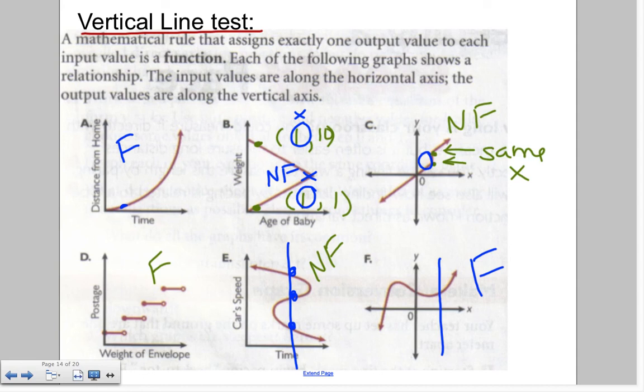Numbers 1 through 4 are tables, and 5 asks whether they are functions. 6 through 9 ask whether those graphs are functions or not, what we just did on the screen. Think about the vertical line test on those. And then for 10, 11, and 12, do your best explaining those questions.